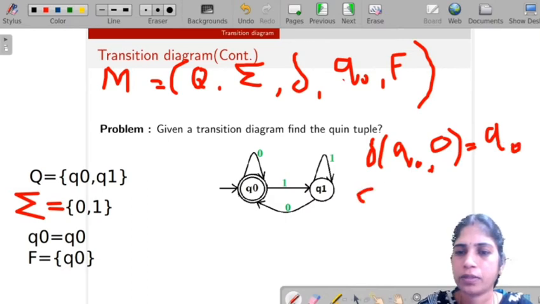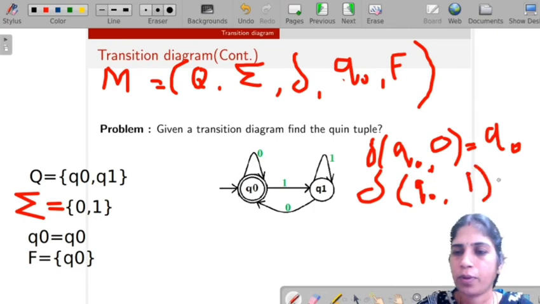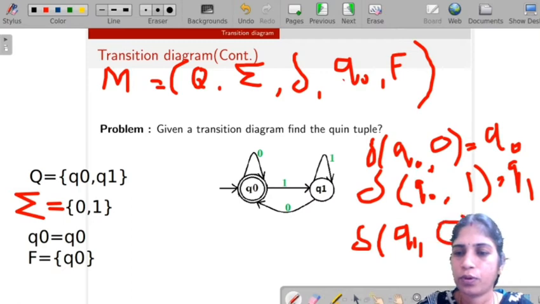Next one is delta of Q0, 1 is equal to Q1. Next is delta of Q1, 0 is equal to Q0.